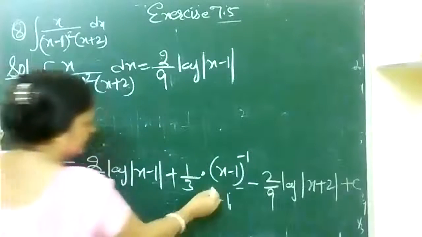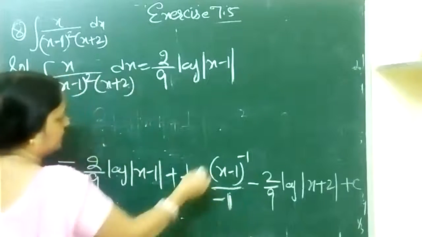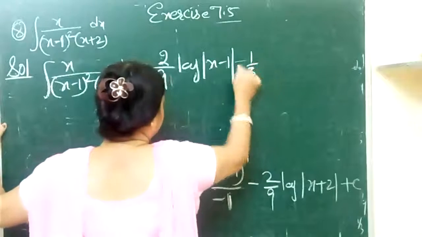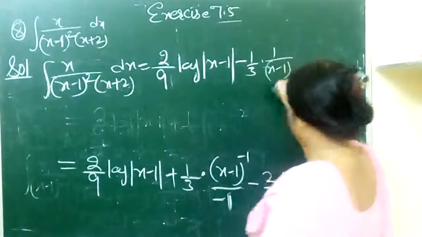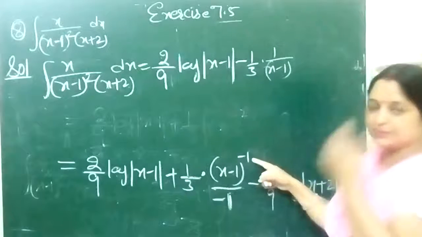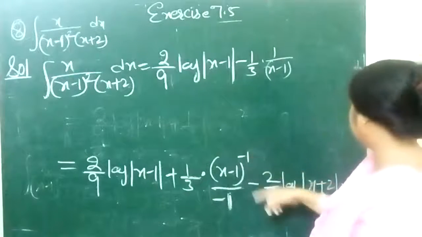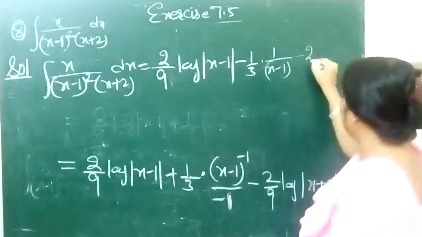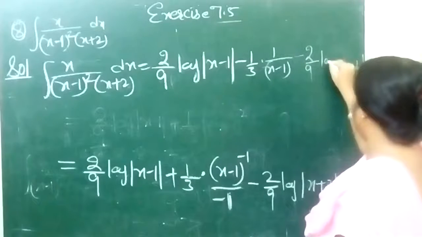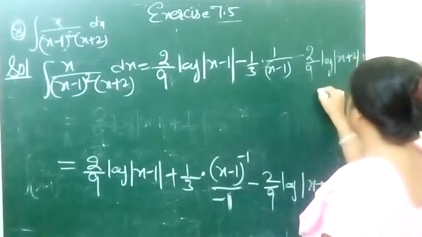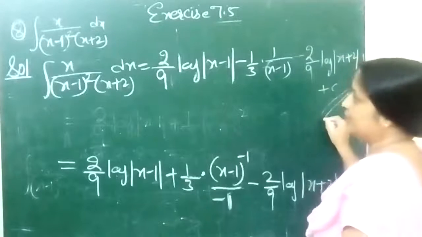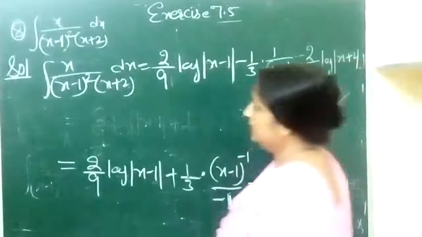Now see here the term is minus 1, so it will come minus 1 by 3 into 1 upon x minus 1. This is x minus 1 raised to minus 1, so I am writing it as 1 upon x minus 1, minus 2 by 9 log of x plus 2 plus c. So this is the required solution of question number 8.